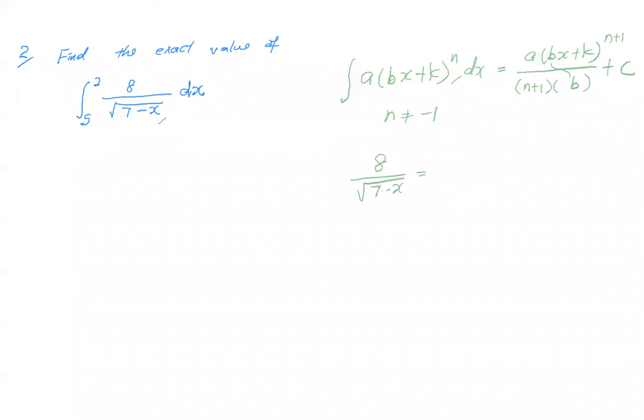So this is 8. Square root means power half. All of us have to know square root means power half. Am I right? So you bring it up, so it will be power -half. After you have written it in this form, you compare, then you can apply the formula.